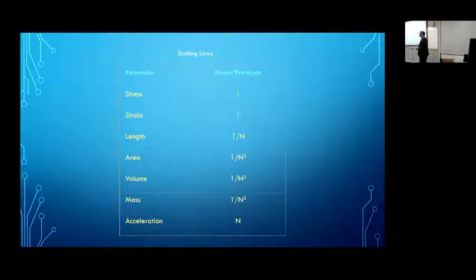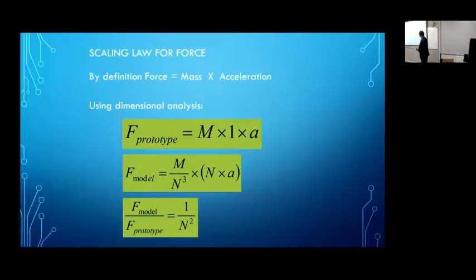What about other things that we don't know? For example, we don't know about force. We can derive them quite easily. All we need is, again, as I said, school level physics. So I want to find out the scaling law for force. The force, obviously, we are not too far from Trinity College where Newton was. We all know F equals ma, right?